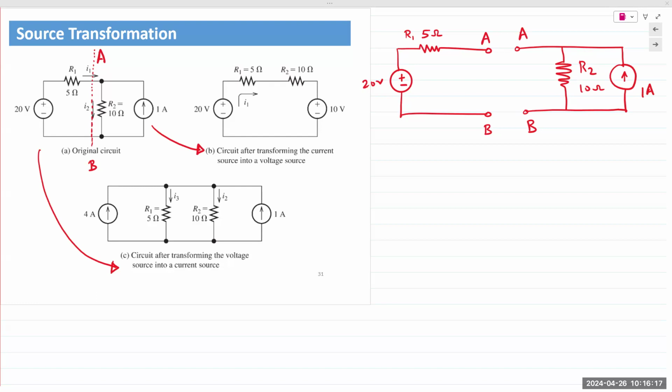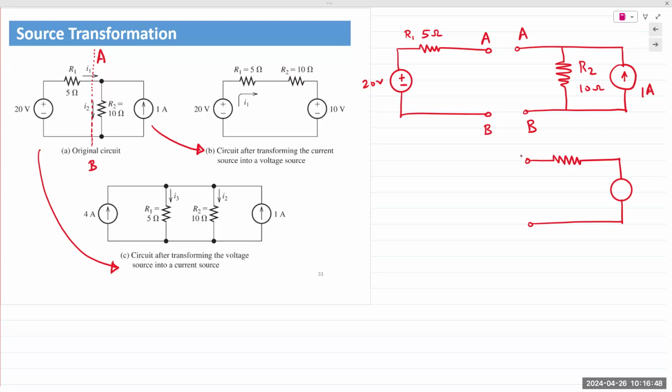Now we want to transform this. So let's take a look at the right side first. If you take a look at the current source and you transform it, we need to make sure that we plug it back between those terminals. So I'm going to draw out A and B, transform the current source into a voltage source, and then a resistor or the same resistor in series, right?